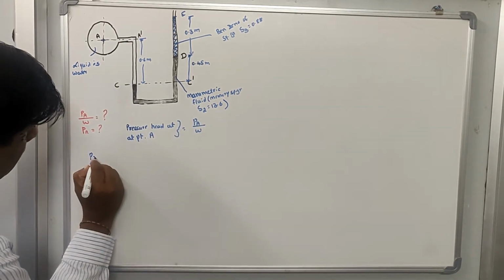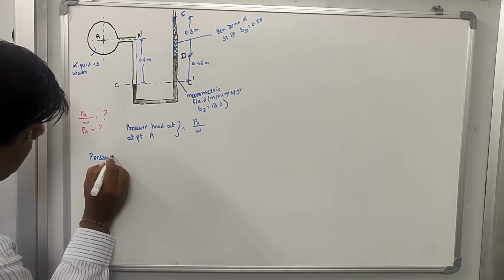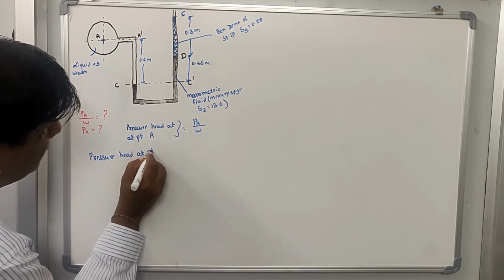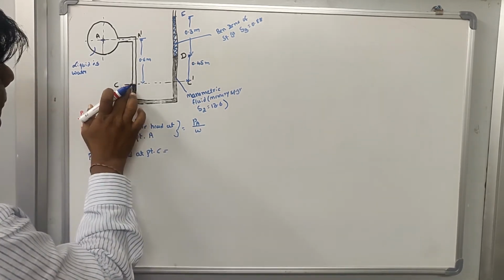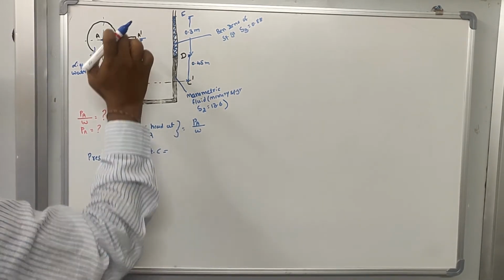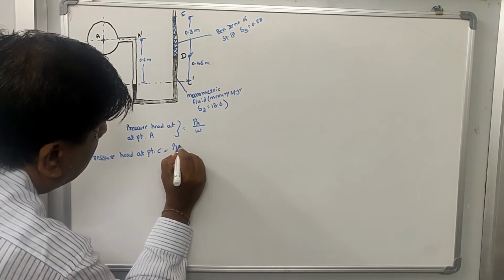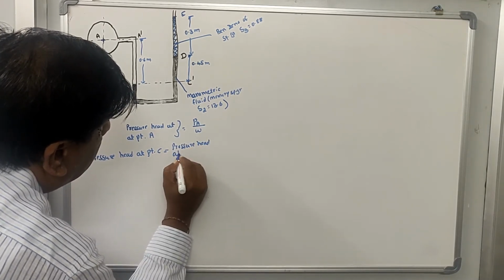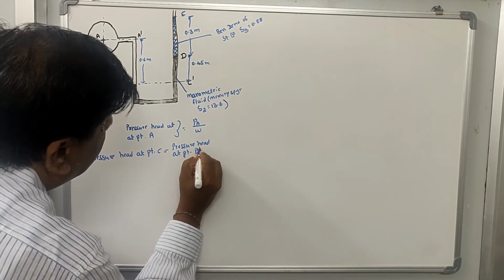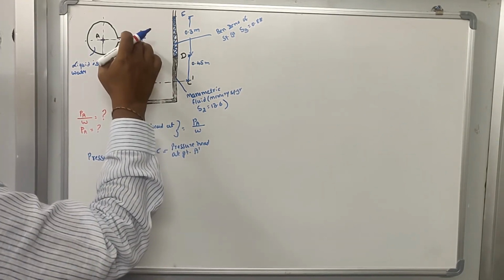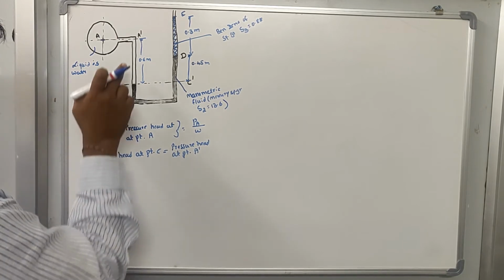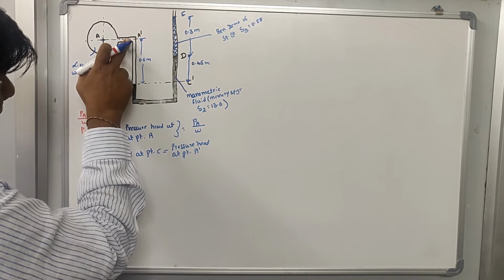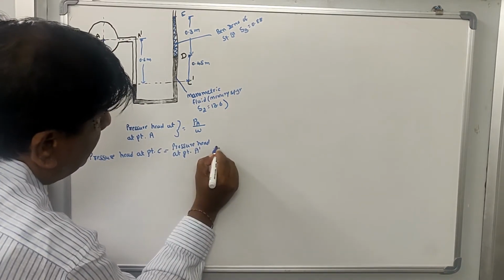Okay, so next is pressure head at point C. Pressure head at point C is equal to pressure head at point A dash. See the next point. If it is lying below the point A dash, you take positive sign.